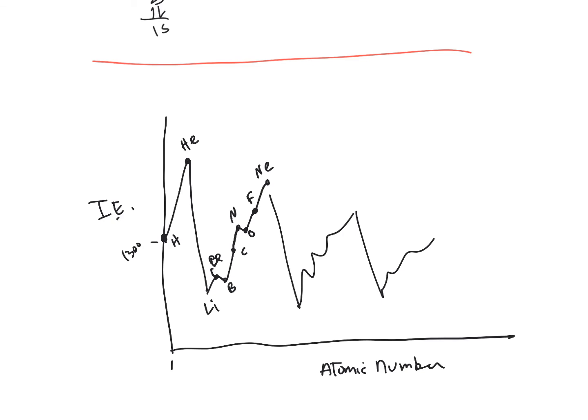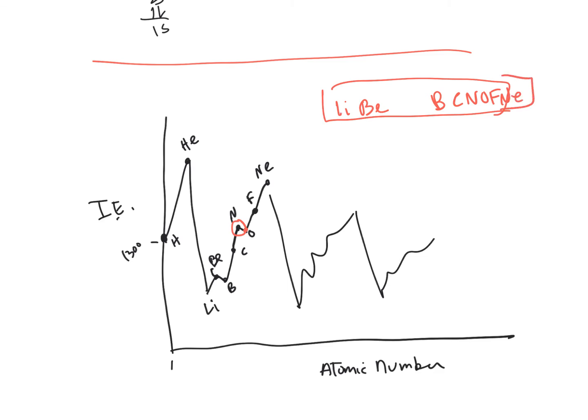Okay, so the question is, which has a greater ionization energy, nitrogen or oxygen? You can see from the table that nitrogen has a greater ionization energy than oxygen, right? Oxygen's just a little bit lower. But going across the period, you have lithium, beryllium, then boron, carbon, nitrogen, oxygen, fluorine, and neon.